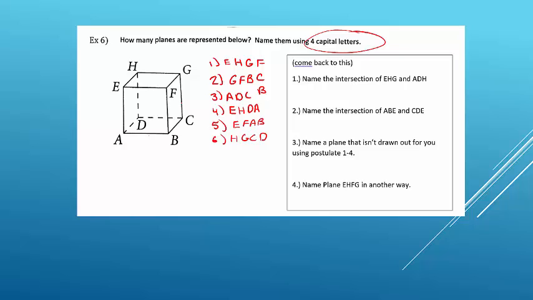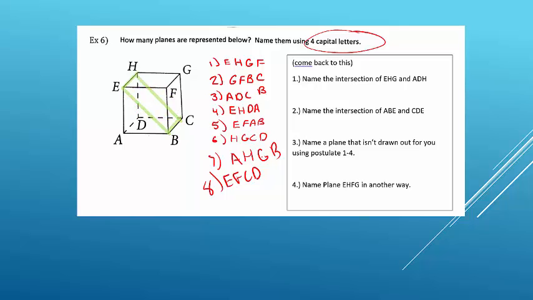If you think about planes needing 3 letters, what about the diagonal plane? You could connect A, B, G, and H as a plane. So there's another one, so that's 7. And you write A, H, G, B. You could go this way, E, F, C, D. There's another plane.